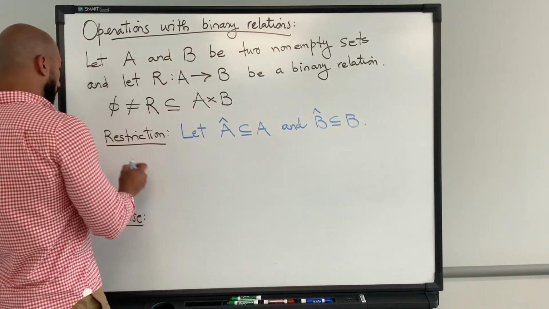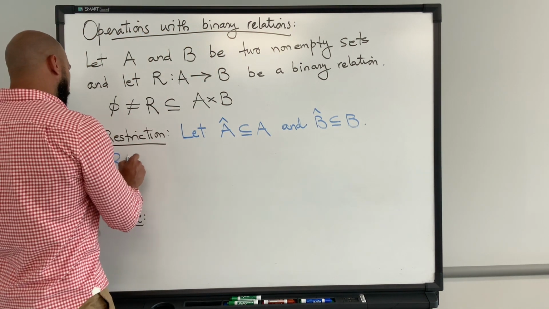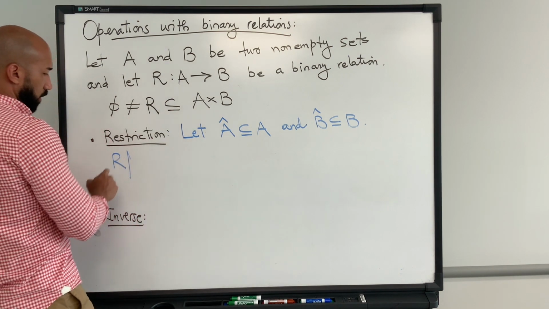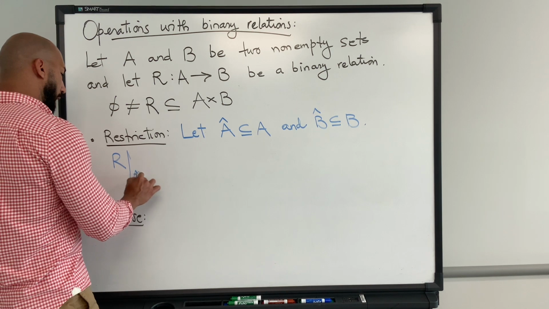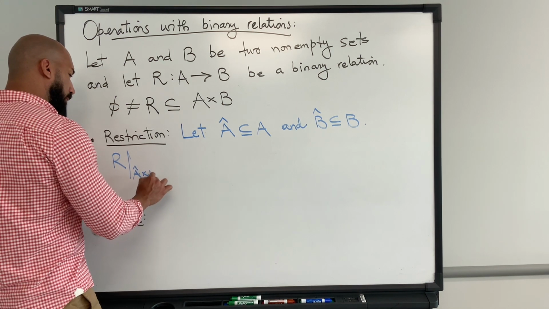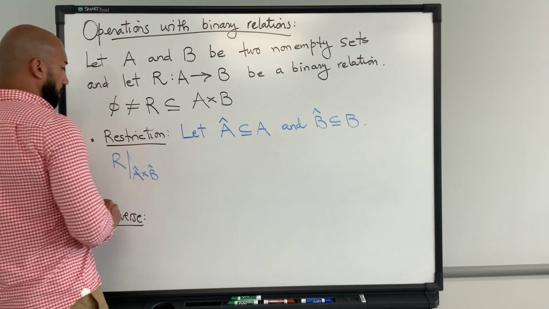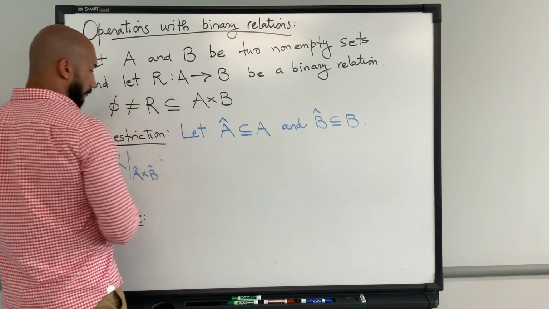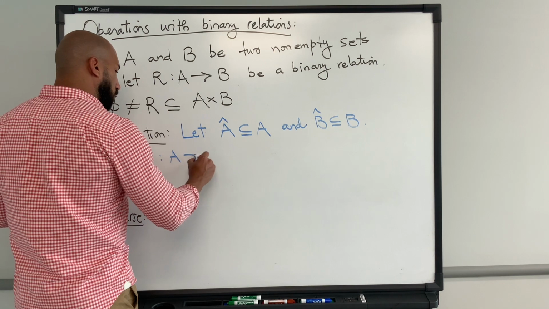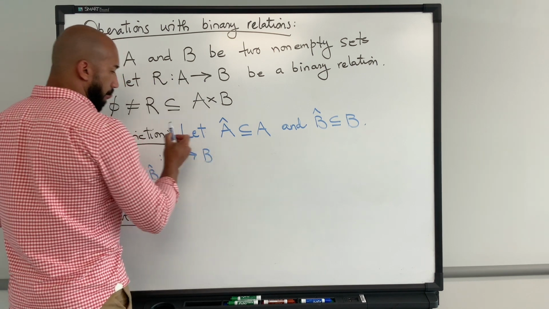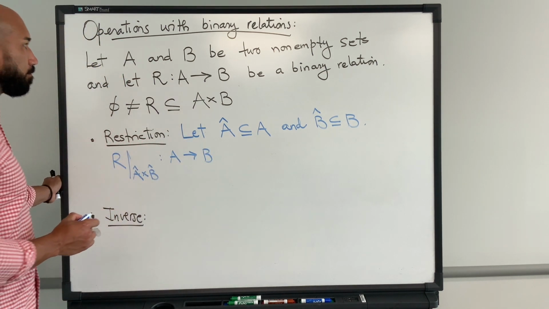All right, so the restriction, restricted to, and we are going to use this symbol here, restricted to A hat Cartesian product B hat is gonna be a binary relation from A to B. All right.